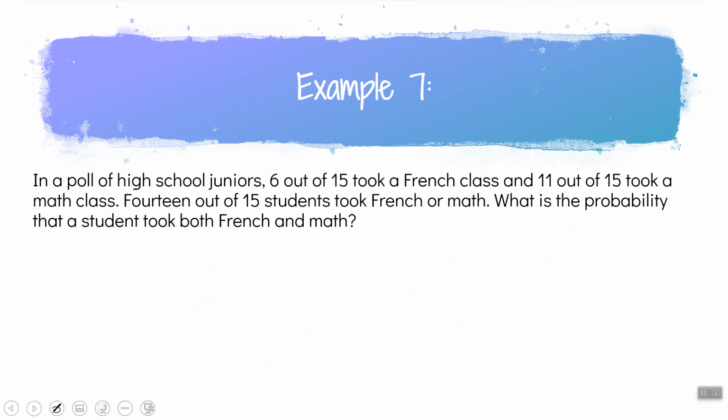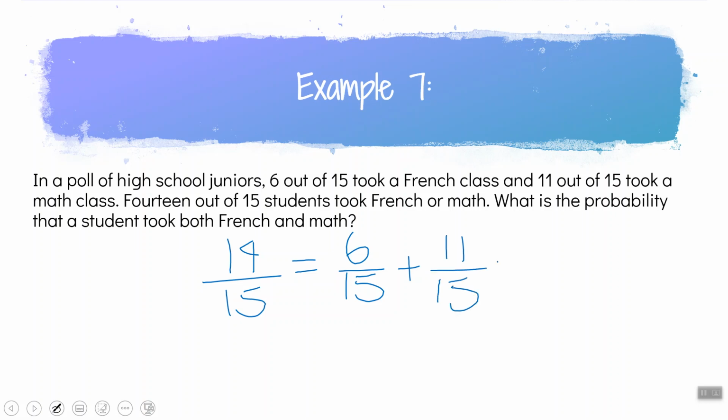This last example, in a poll of high school juniors, 6 of 15 took a French class, 11 out of 15 took a math class, and 14 out of the 15 took math or French. What's the probability that they took both? So we're going to do that same equation work. We're saying 14 out of 15 took one or the other. 6 out of 15 took French. 11 out of 15 took math.